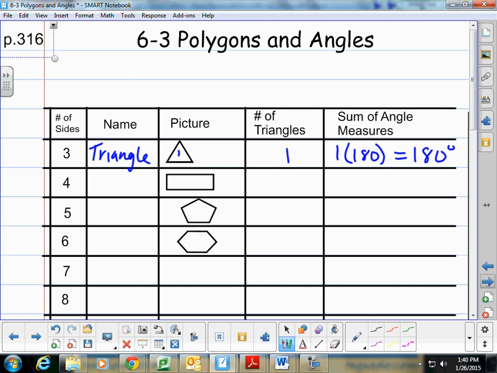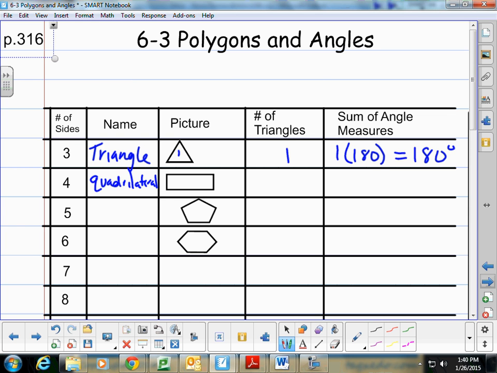If you're following this same theme, let's see if you can investigate how many triangles make up a rectangle, a 4-sided figure, which is what we call a quadrilateral. It doesn't always look like this, but it is called a quadrilateral.